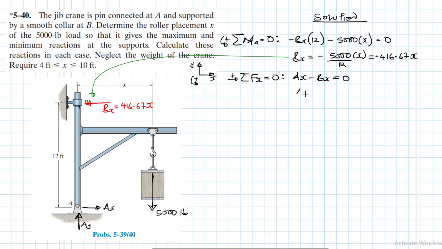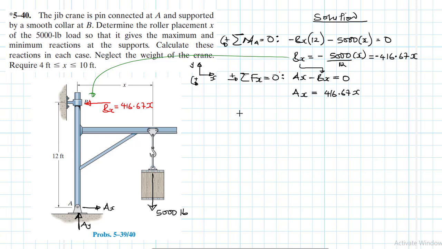Since we've already found what BX is, but we've changed the direction, my AX is just going to be equal to 416.67x. When you look at this, it is a linear function with a positive gradient of 416.67, a very high gradient.